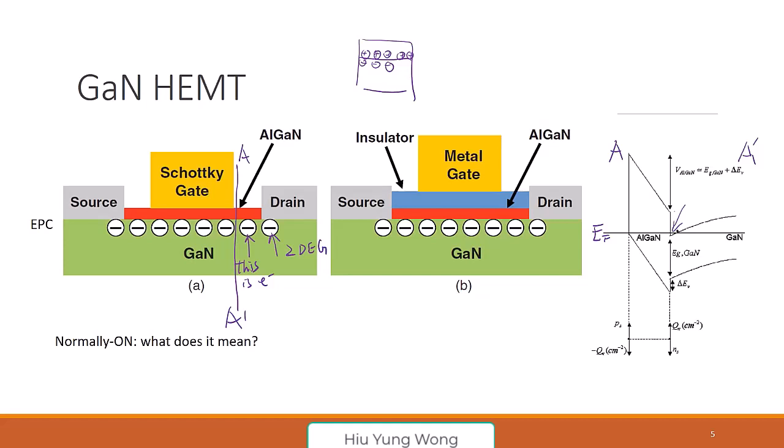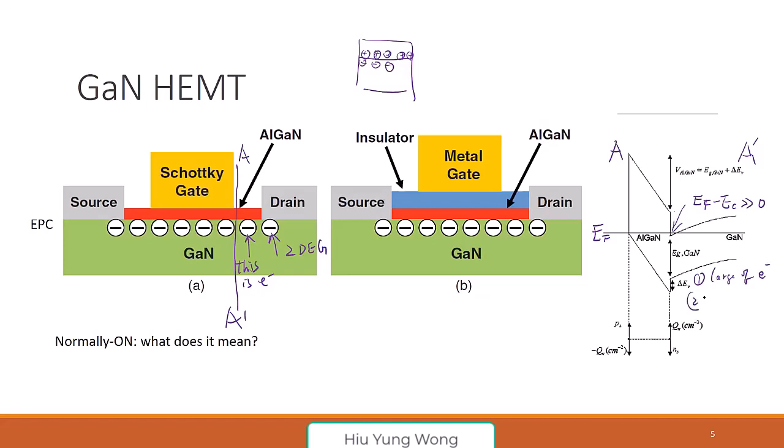Why? The conduction band's below the Fermi level. Because EF minus EC is much larger than 0. So I have a lot of electron, just like the gallium arsenide.